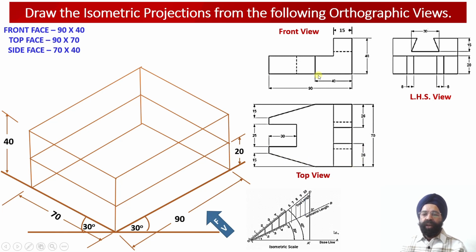So here we are going to have a vertical surface. What is the size of this particular vertical surface? The length is equal to 40 millimeter, height is equal to 20 millimeter. So height is equal to 20 millimeter we have already obtained. Now we are going to measure a length of 40 millimeter from the right hand side face of the solid.